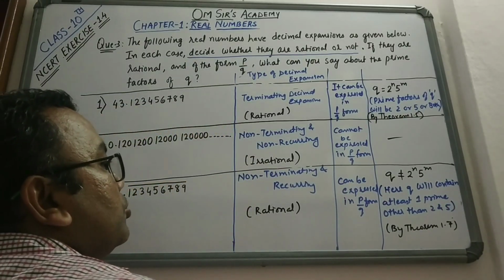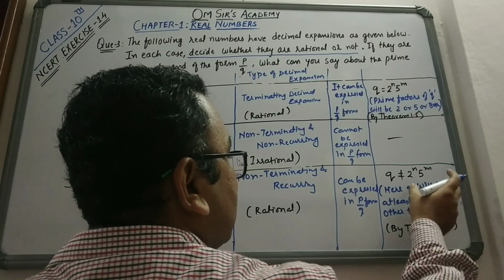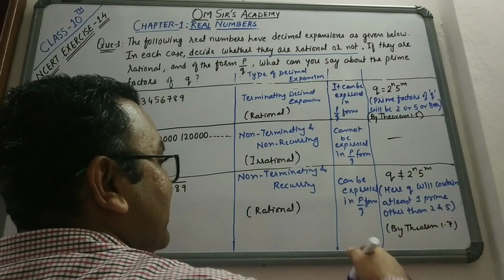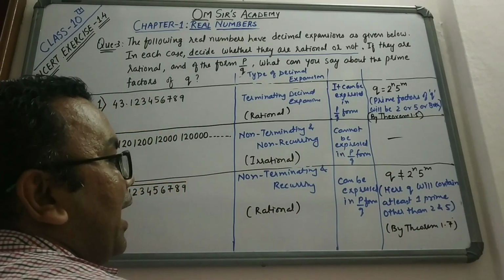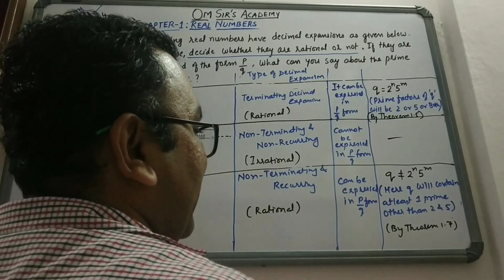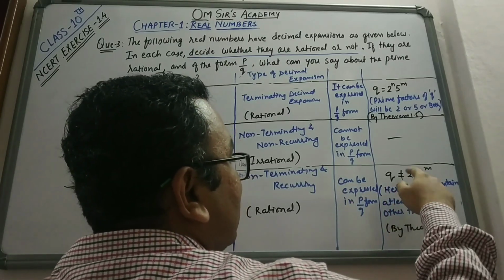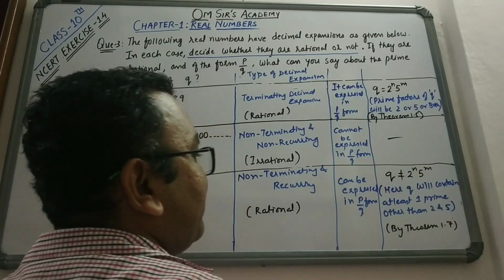Okay, so here in the value of Q, any other prime number apart from 2 and 5 can come, at least one prime. At least one means a minimum of one prime will be there which will be different from 2 and 5.